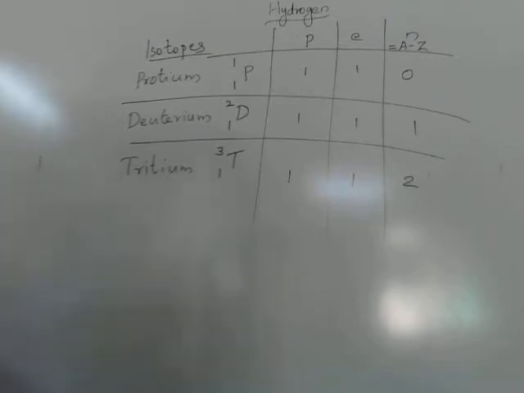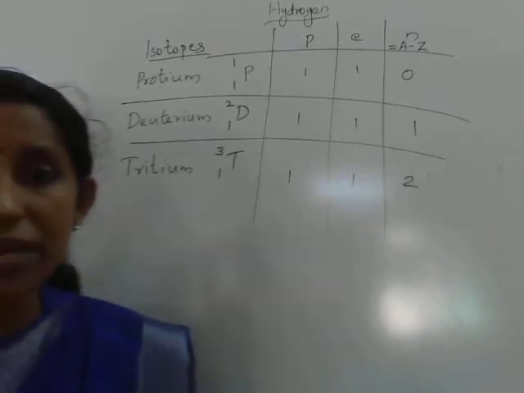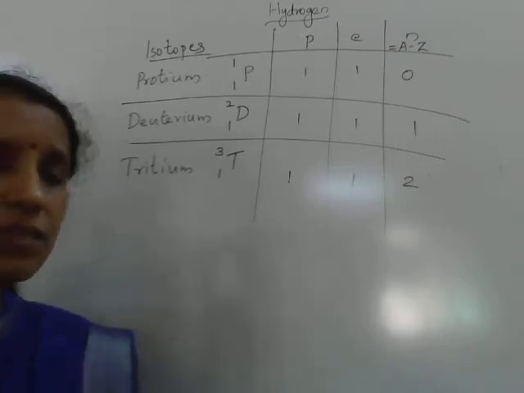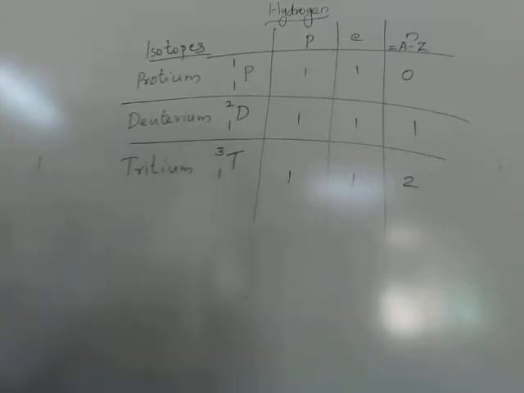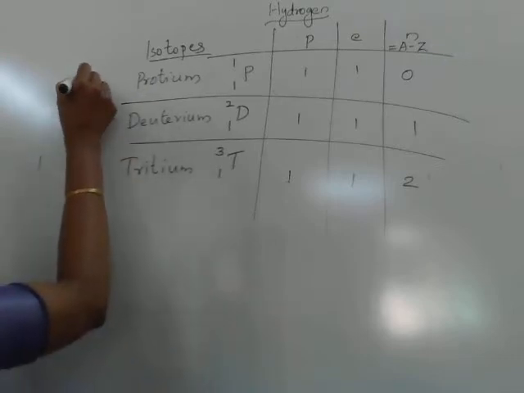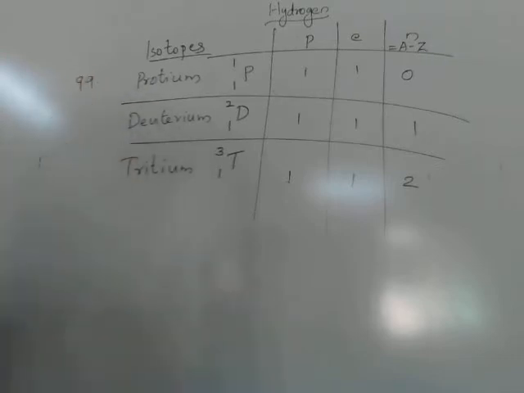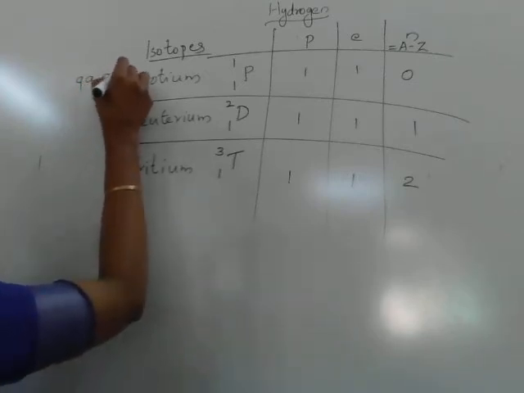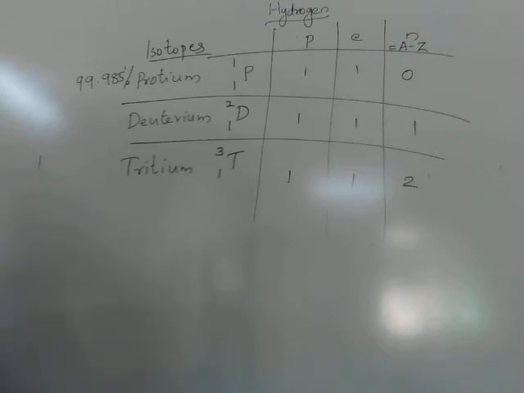Out of the three isotopes, the most abundant or most stable form of hydrogen is protium. Hydrogen exists mainly in the form of protium, 99.985% of hydrogen.